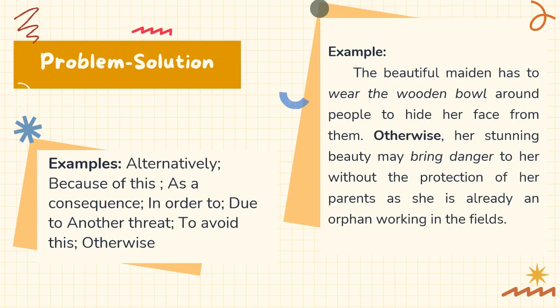Here in this text, the solution was stated first, and then we have the grammatical signal otherwise, which signals the problem: her stunning beauty may bring danger. This is the problem, her beauty brings danger, and then the solution, she wears the wooden bowl. So that's the problem solution pattern.